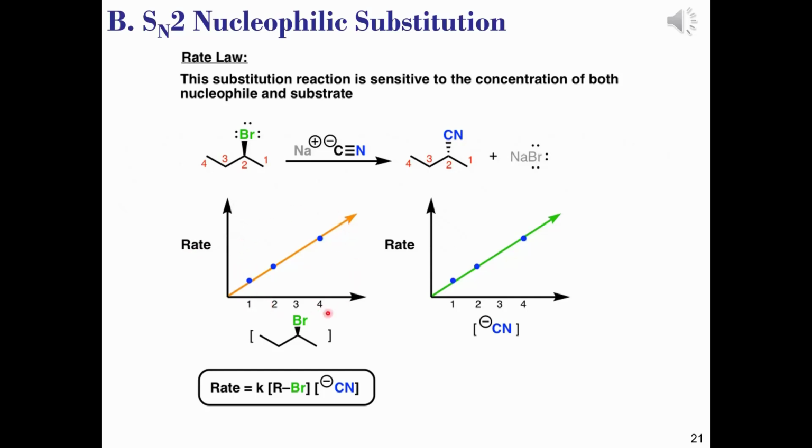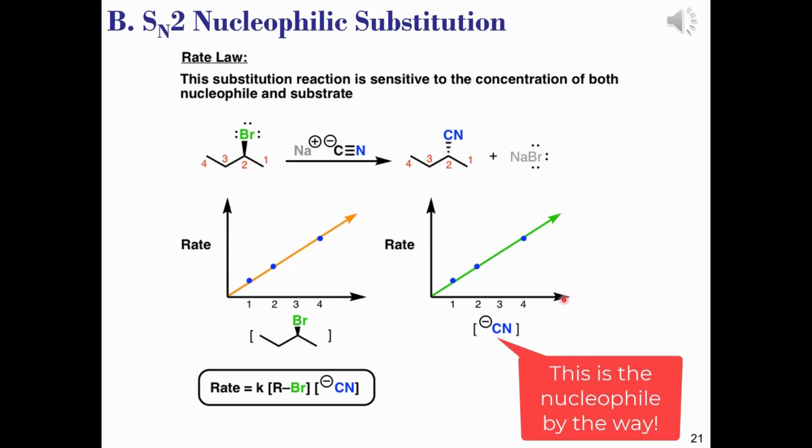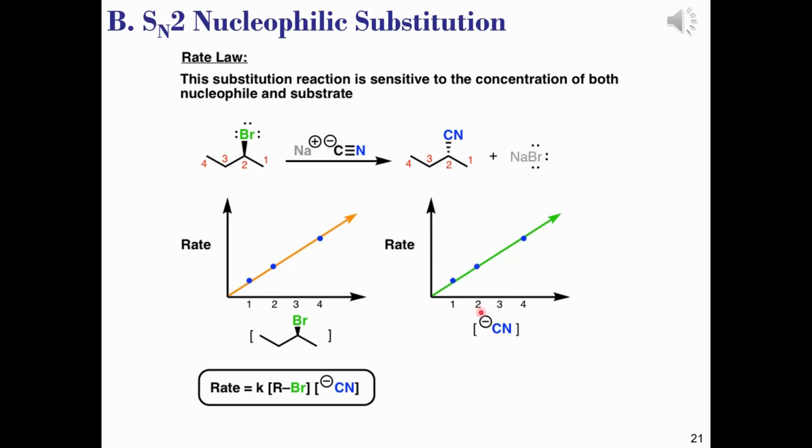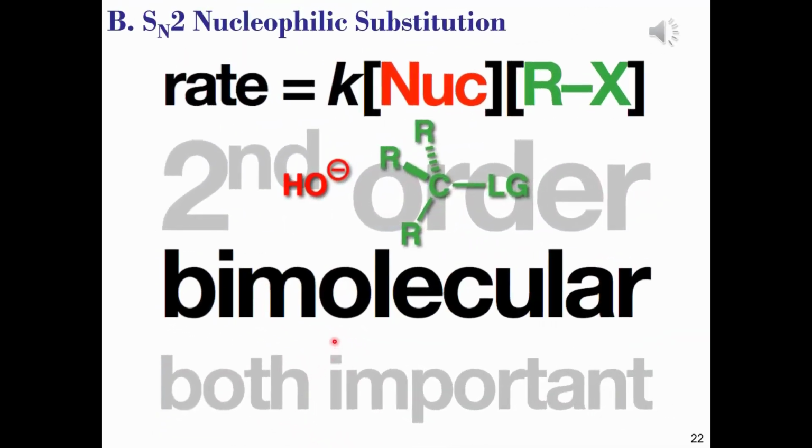Then in the second rate graph, we see the same pattern, except this time the substrate concentration was kept the same and the cyanide concentration was increased. Both of these had an effect on the rate, so therefore they are both part of the rate expression. Here we have the rate expression for this bimolecular reaction.